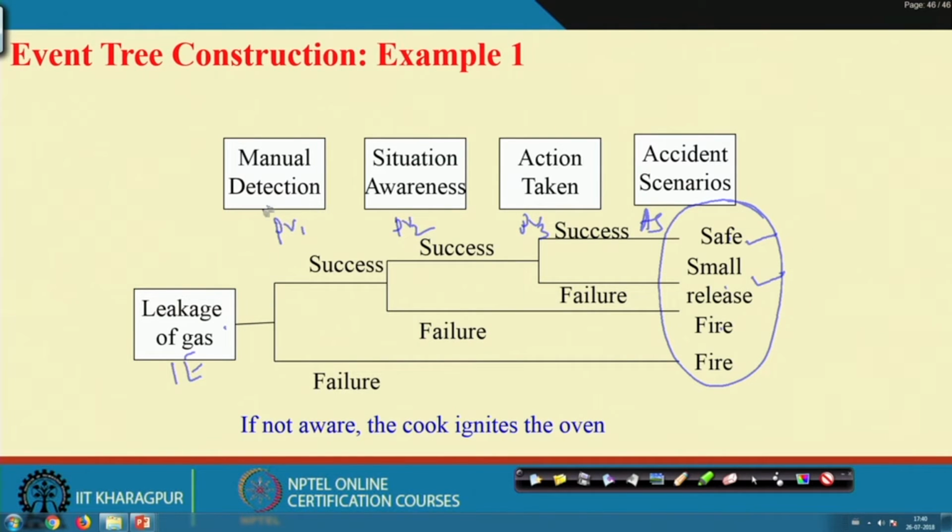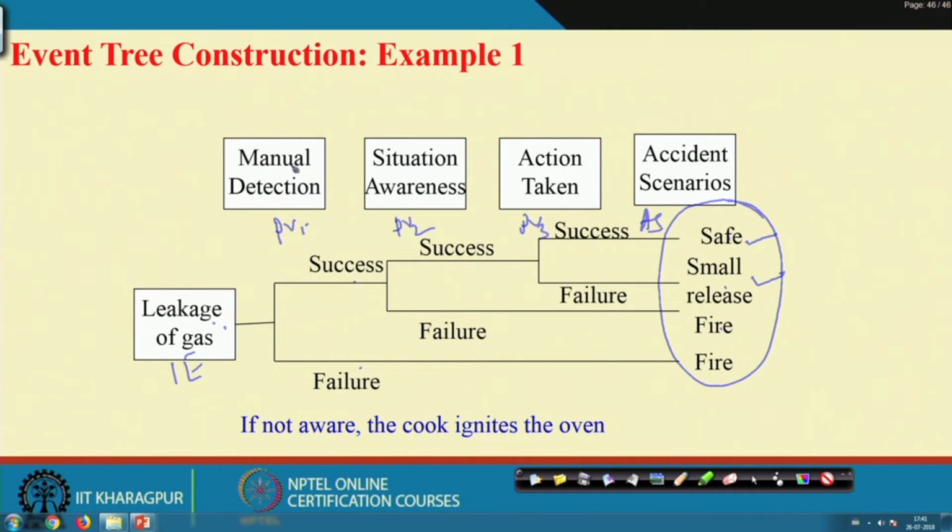If the success and failure of these depend on this, then that is conditional. But irrespective of what happened, when it ultimately starts working, then they will be independent. Its success and failure does not depend on the amount of gas leaked.